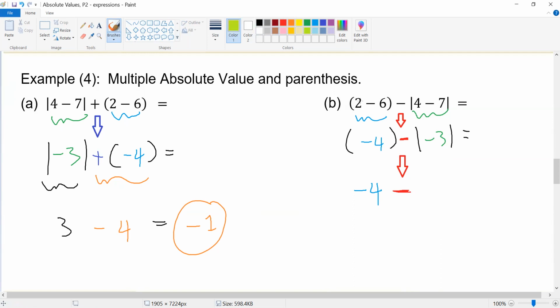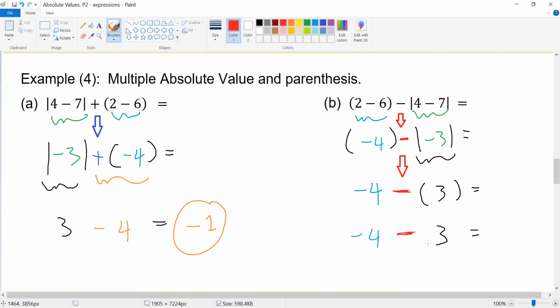The next part now, we have to take care of the absolute value of -3, which would be +3. So we're going to indicate that we performed the absolute values by drawing parentheses. So inside the parentheses, I now have a +3. So what we're going to do before we do any subtraction, we're going to clean this up. So now we have negative 4 minus 3.